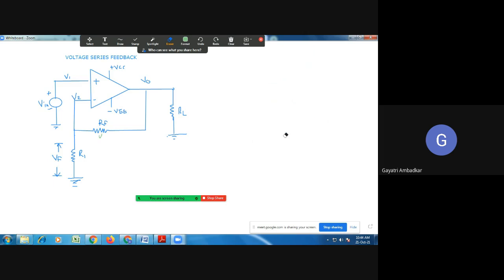Which type of feedback is given? You are giving input to the positive terminal, so this configuration is called the non-inverting configuration of the op-amp. And this is nothing but voltage series feedback. So remember, it can appear in an MCQ type of question.